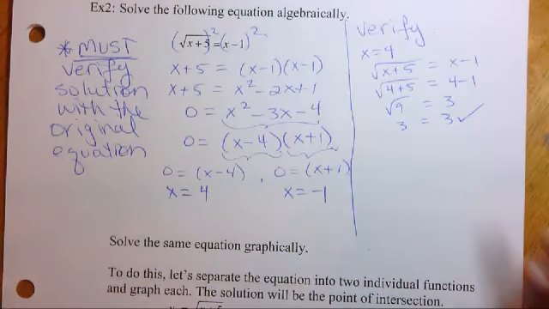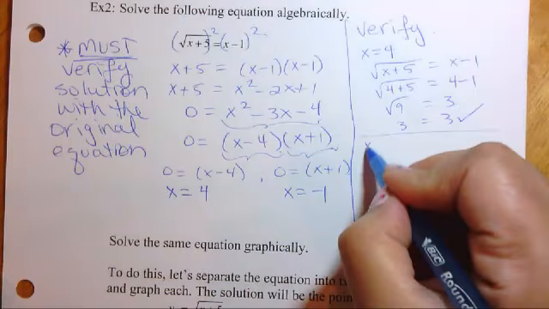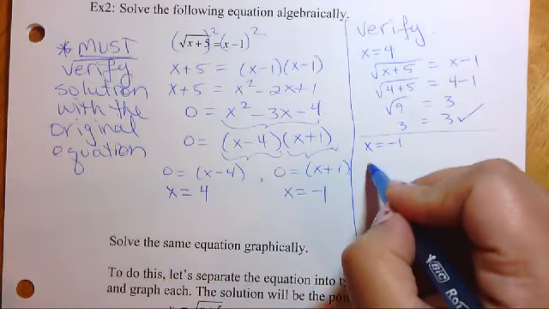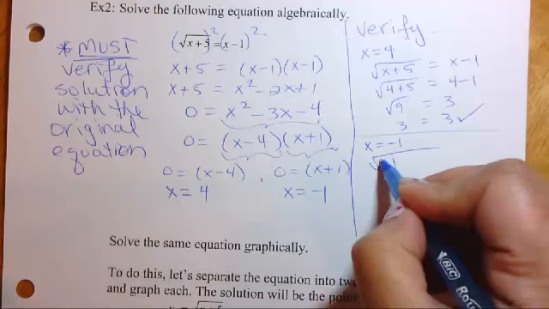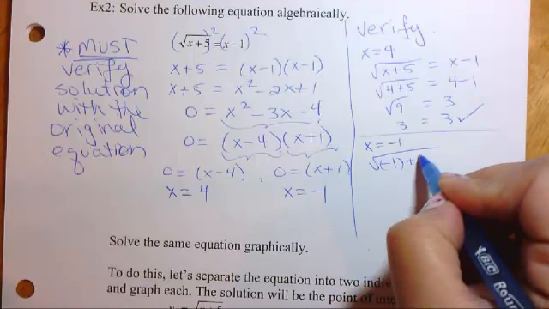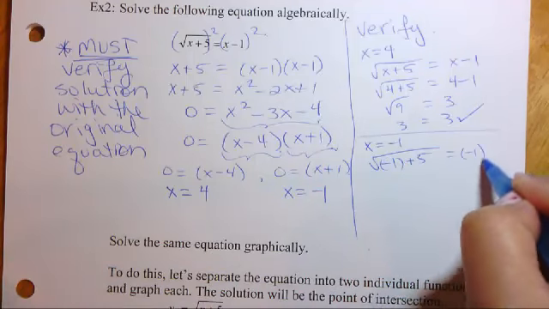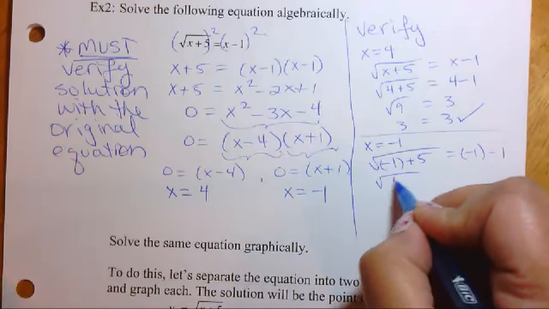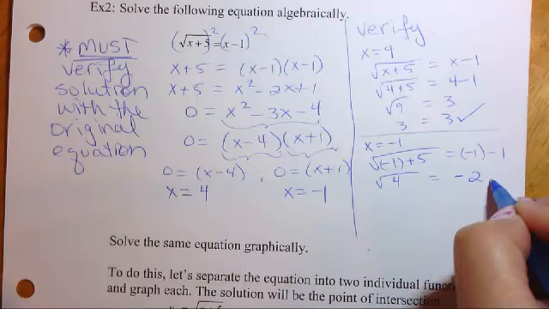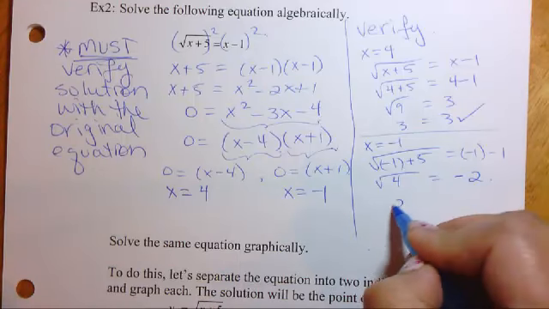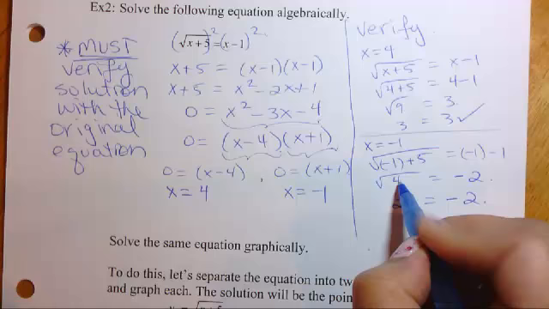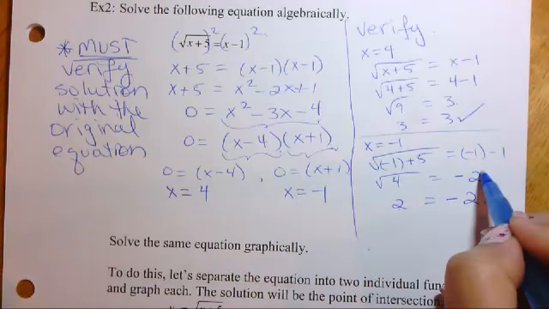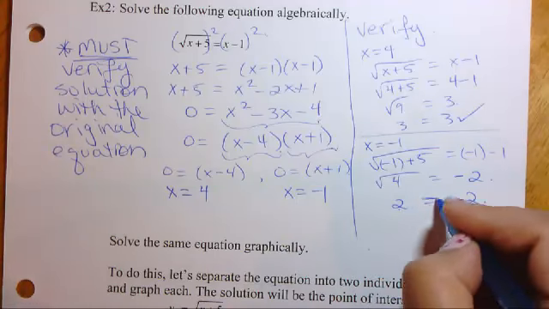So that's good. Now let's verify x equals negative 1. So take the original equation and put a negative 1 in where the x's are. Alright, so right here we end up with a problem. Notice how you've got square root of 4, which is 2, and then you've got this negative 2 on this side.